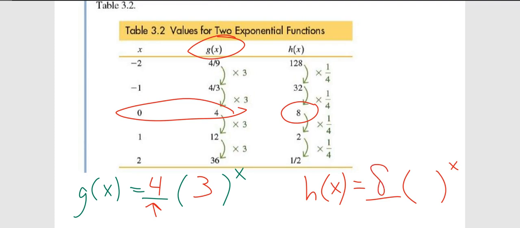Notes here. 8 was right there, and we were multiplying every single time by a quarter.